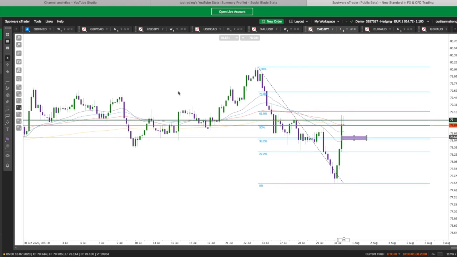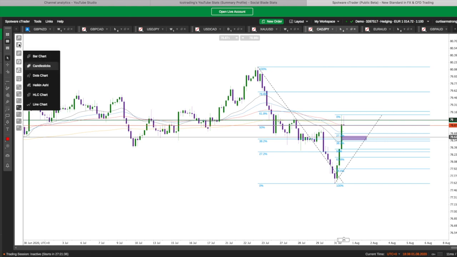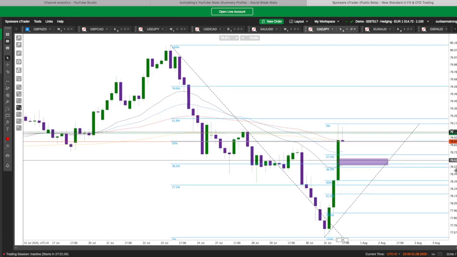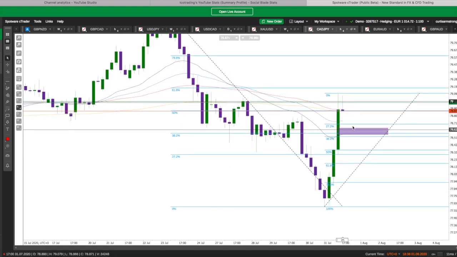But if you go and get another Fibonacci and go from this point here back up to here, you can see it also lines up with this new 38.2 Fibonacci. So this area here, if we can get a pullback into this area, you can see we're still using market structure. This was the last lower high, lower low.